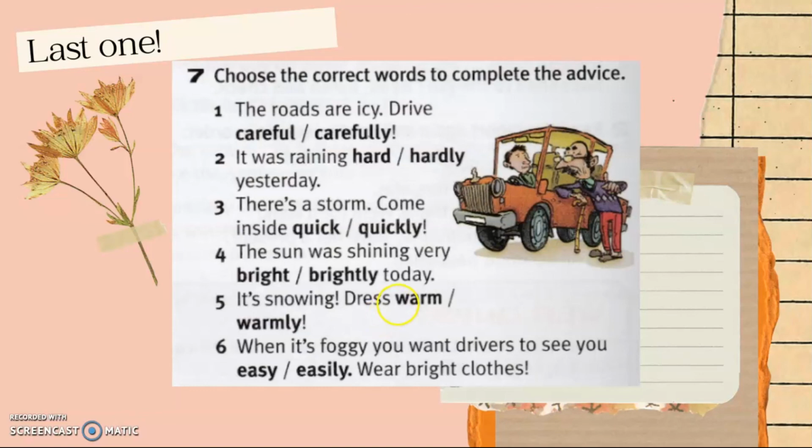Choose the correct words to complete the advice. So the first one, the roads are icy. Drive carefully. Okay, it was raining hard yesterday. Number 3, there's a storm. Come inside quickly.